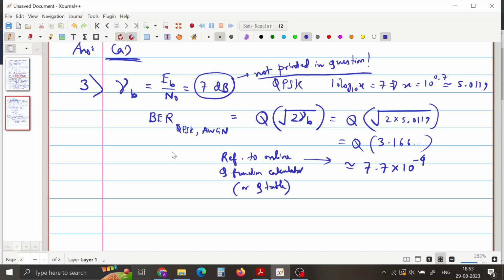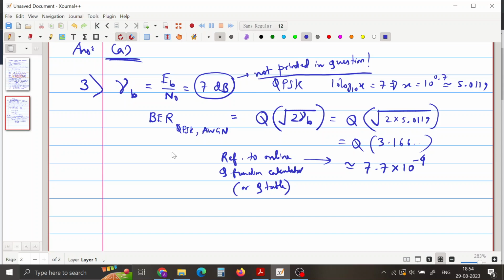And also, assuming the worst case, if you don't have access to anything, then you can use the upper bound approximation for the Q function. That fairly approximates the true value, or the exact value, of the bit error rate. Last week, if you remember, we started with one problem, upper bounding our Q function and approximating it.